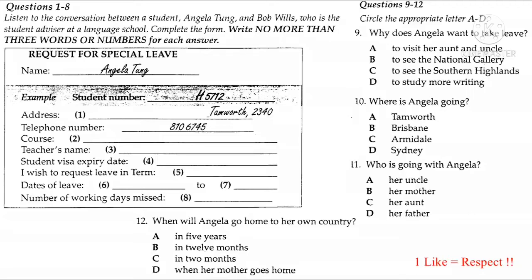Tell me your student number, please. It's H for Harry, 5712. H5712. OK. What's your address, Angela? Angela's student number is H5712, so that has been written on the form.